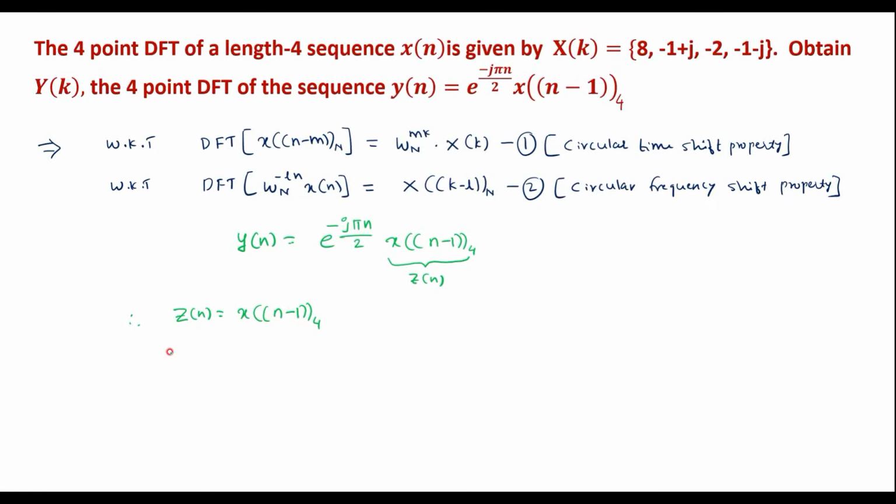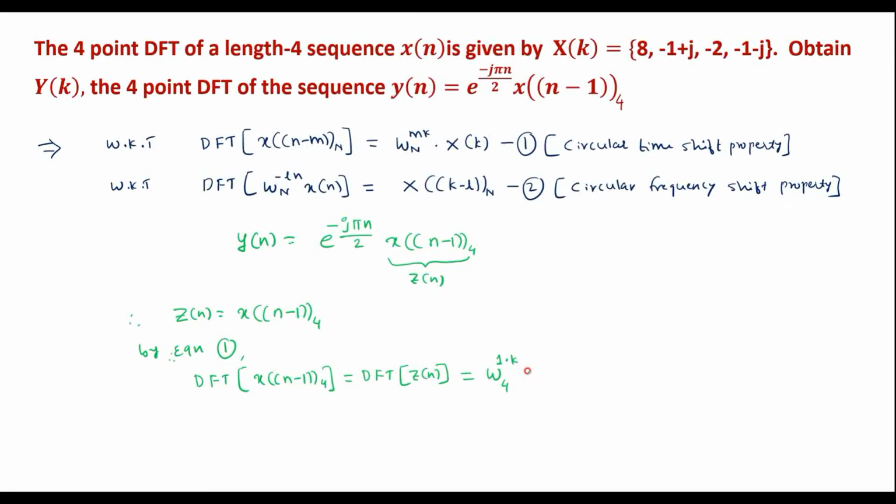Therefore, by equation 1, the DFT of x of n minus 1 modulo 4 is nothing but the DFT of z of n, which is equal to W_N power mk X of k. Here N value is 4 and m value is 1, so that is W4 power 1 into k, X of k.